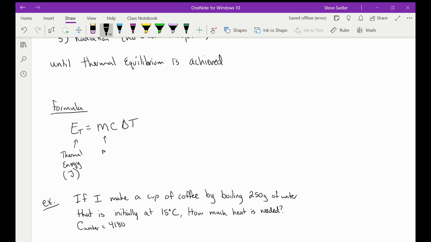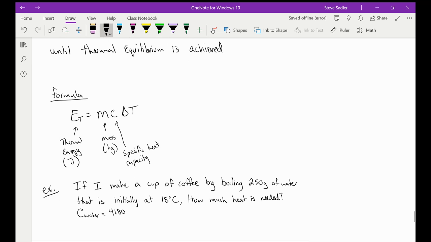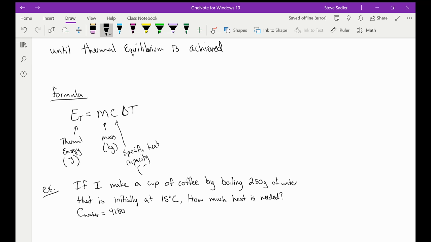M is the mass of our object. Mass is always in kilograms. C is the specific heat capacity. This is different for every material, and usually you're given this or finding it. And the units for this are super weird. This is joules per kilogram degrees Celsius.